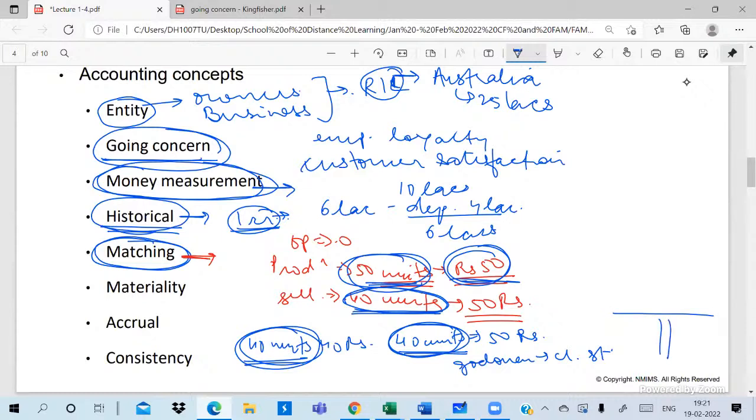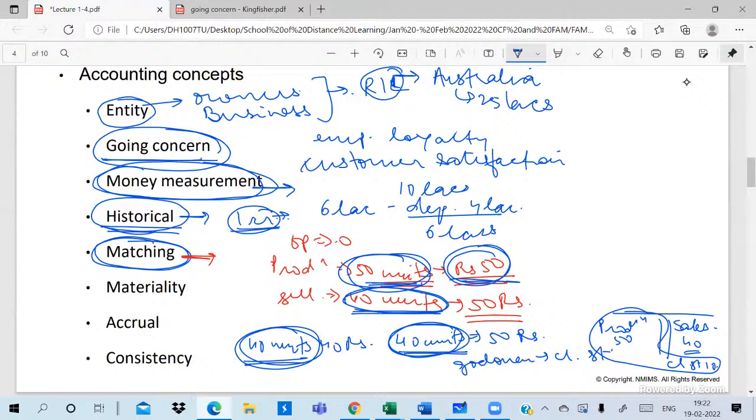So let's say if I'm making it in a T format, I'll look at sales for the year. So let's say sales is 40 units. So I'll say, okay, production was 50 units, but then I'll also have a closing stock of 10 units, which means on a net basis, my expense will be considered for only 40 units. So I'll take 50 rupees as expense, then I'll reduce it by the 10 units of closing stock, which means my expense will become only 40 rupees.